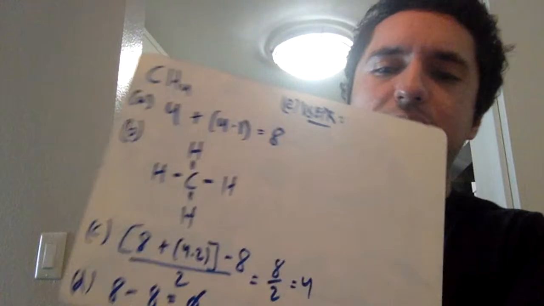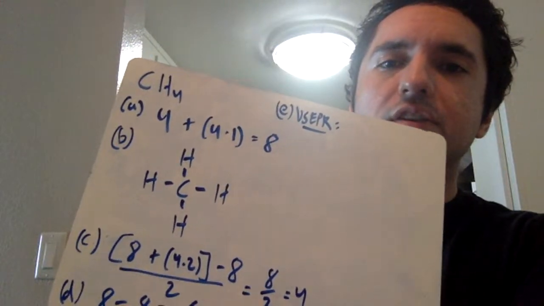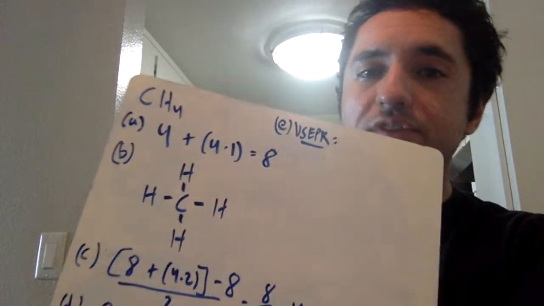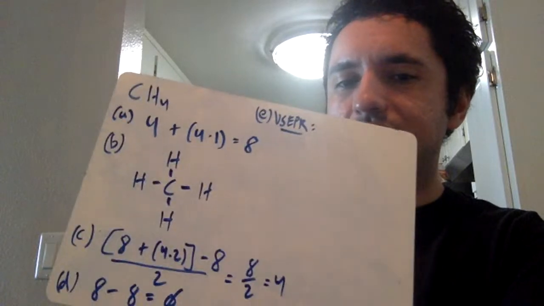So then for the VSEPR shape, the 5th step, you're looking at the central atom. The central atom here is carbon, and it's surrounded by 4 single bonds, like this. It's tetrahedral. Right, so this is a tetrahedral shape. I'll see if I can kind of draw it.